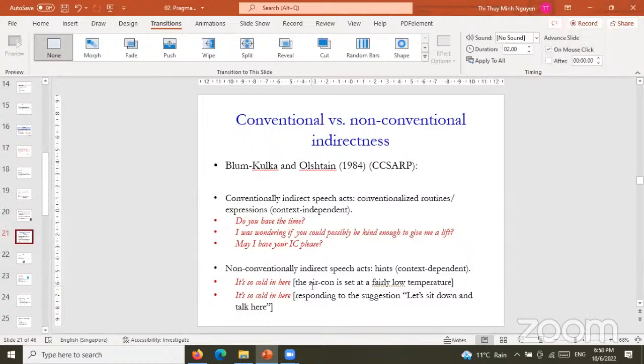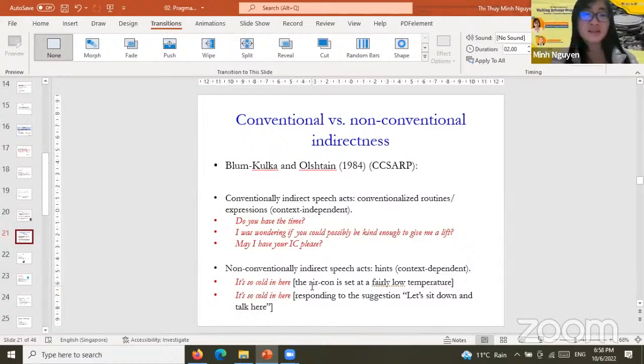Or you may mean, because it's so cold, let's move to another room to talk. So the same sentence can have very different meanings depending on the context, what is happening, who you are talking to, and what the topic is.